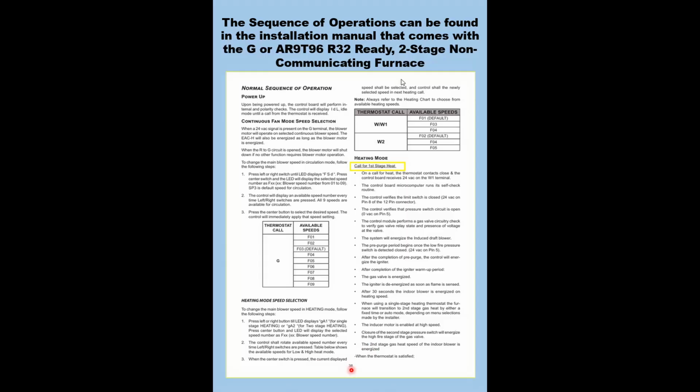The sequence of operations can be found in the installation manual that comes with the G or AR9T96 R32 ready 2-stage non-communicating furnace. As we see here, our normal sequence of operations, talking about power up here, your continuous fan speed, your heating speed, and here you see that there's a couple others, FO1 and FO2 are the defaults for W1 and W2.